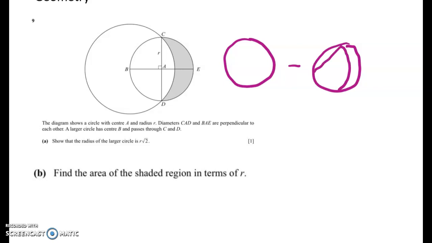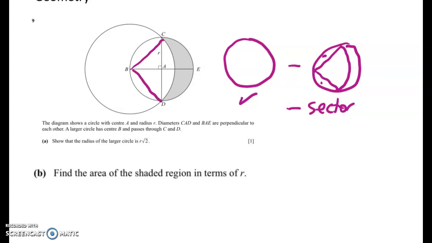Well, I can divide that up into a sector and then these two little bits here. So the first way that I did this problem was to find this and then take away the area of the sector and then to take away the area of two small segments.